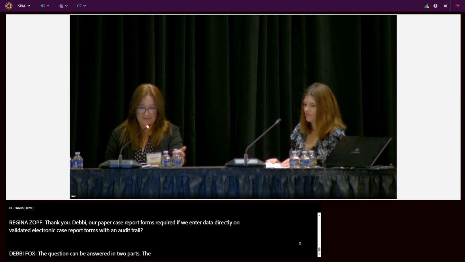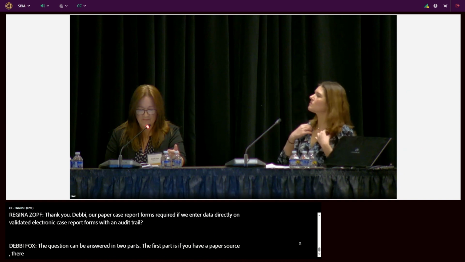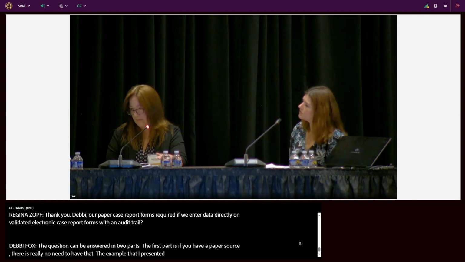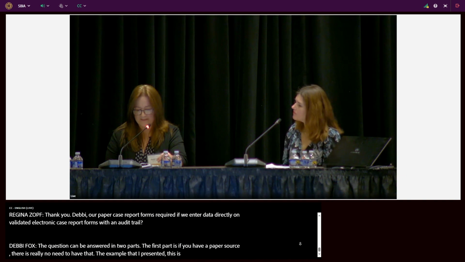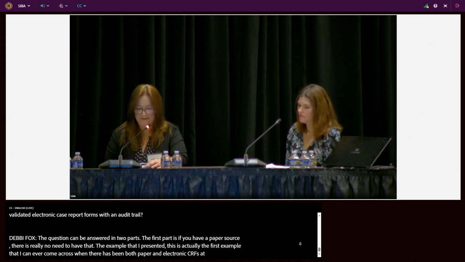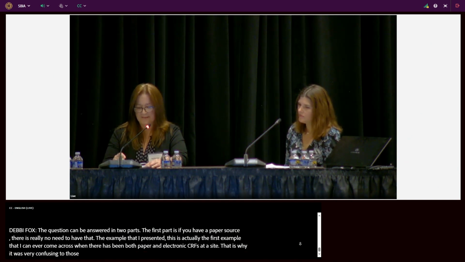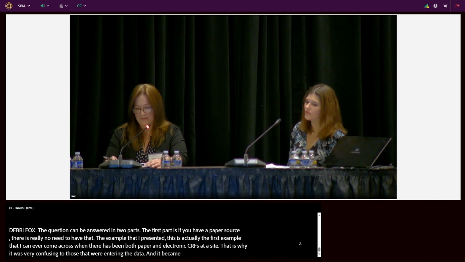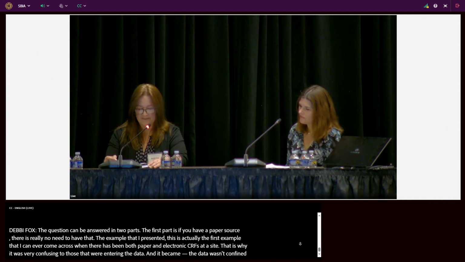And the example that I presented was actually the first example I've ever come across where there were both paper and electronic CRFs at a site. That's why it was very confusing to those entering the data, and the data wasn't confined to one specific system, and it caused a lot of discrepancies.